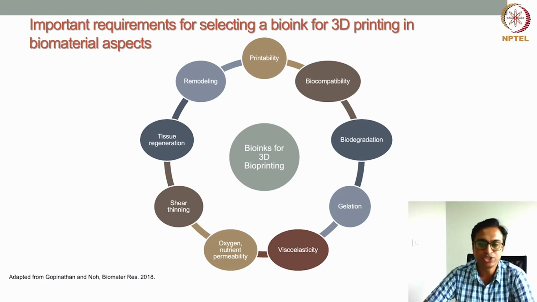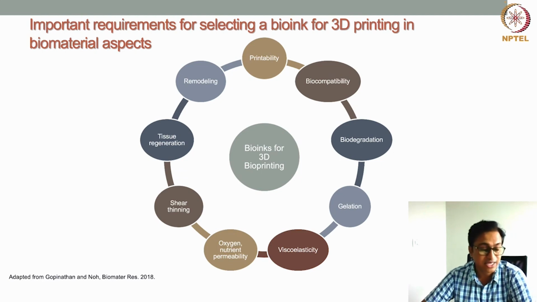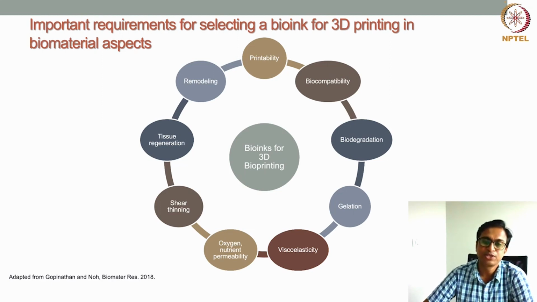That means a new tissue is growing while the printed biomaterial structure is getting degraded, and new tissue grows in that space. That is remodeling, and it is very important for new tissue building. So biomaterials should be able to provide all these things.